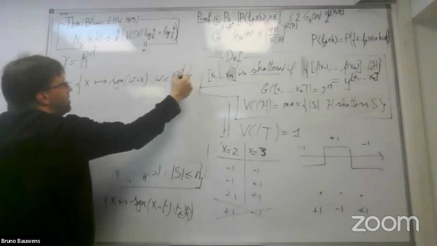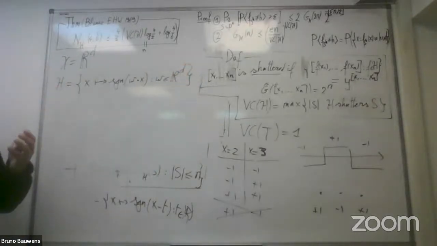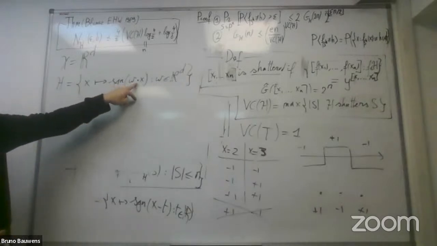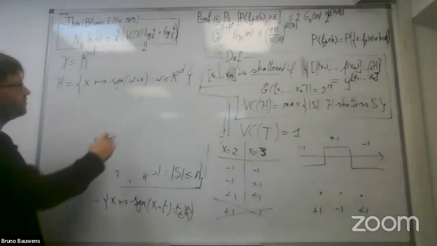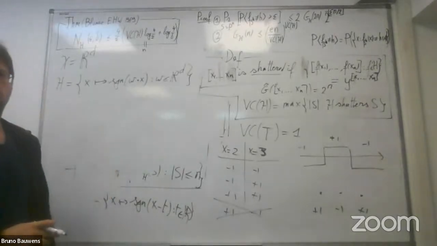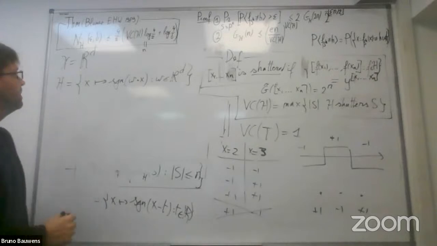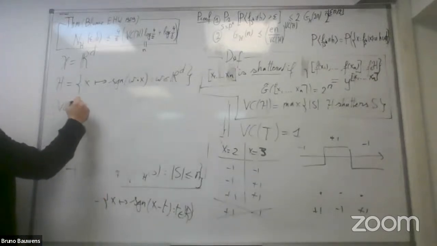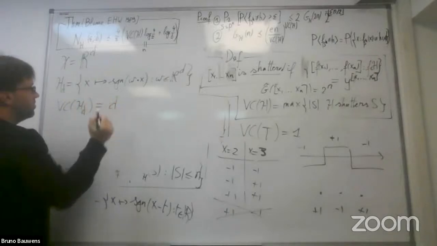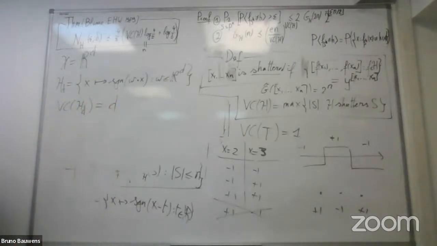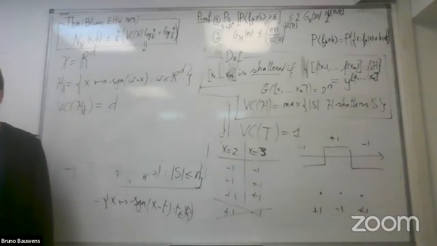These are homogeneous half spaces because the border goes through the origin, like 0 is a border point. Homogeneous means that those half spaces are not shifted. And I claim that the VC dimension of H_d is equal to d. So let's find d points that can be shattered.